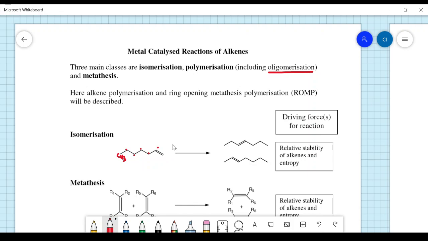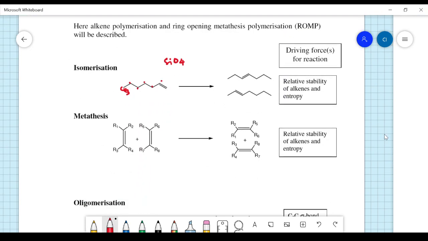And in the oligomerization, you can have some units like for example SiO4 tetrahedra or Si2O7 double tetrahedra that get repeated in a particular unit. That's what you call the oligomerization. So one of the best examples for oligomerization is found in the Ziegler-Natta catalyst in the organometallic chemistry.